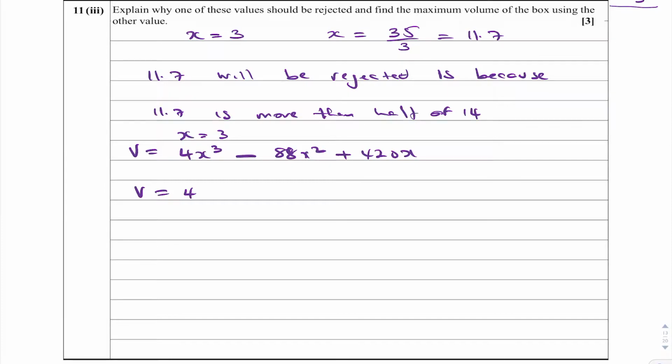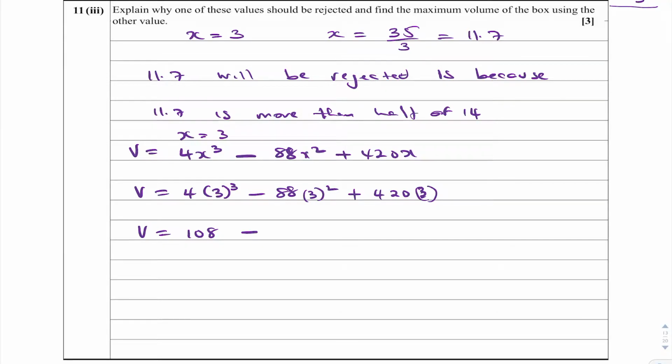So I get 4 times 3 cubed minus 88 times 3 squared plus 420 times 3. Now what we need to do is multiply them out. 3 cubed is 27. 3 times 3, 9. 9 times 3, 27. Times 4 is 108.